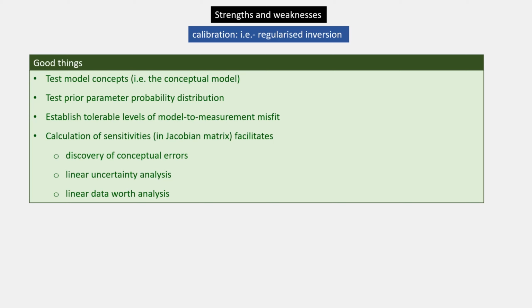And every time we do, we're finding stuff out about the conceptual basis of our model, about the conceptual basis of our prior parameter probability distribution, about the integrity of the data. The first few times we history match, we don't get very good fits, so we modify the model, modify the prior, decide whether we like this data or not, whether perhaps a head should be assigned to another model layer rather than the one it's in.